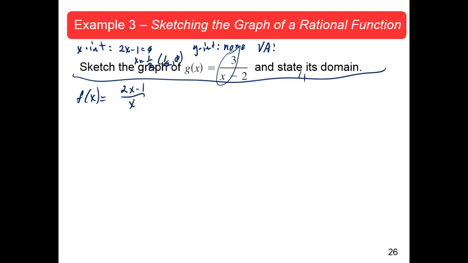What's going to be true about that? The denominator can't be 0. So therefore, x cannot equal 0. So there's your vertical asymptote. Okay, that was pretty easy. We suspected it when we saw no y-intercept. And then that leaves us one. And what's that?